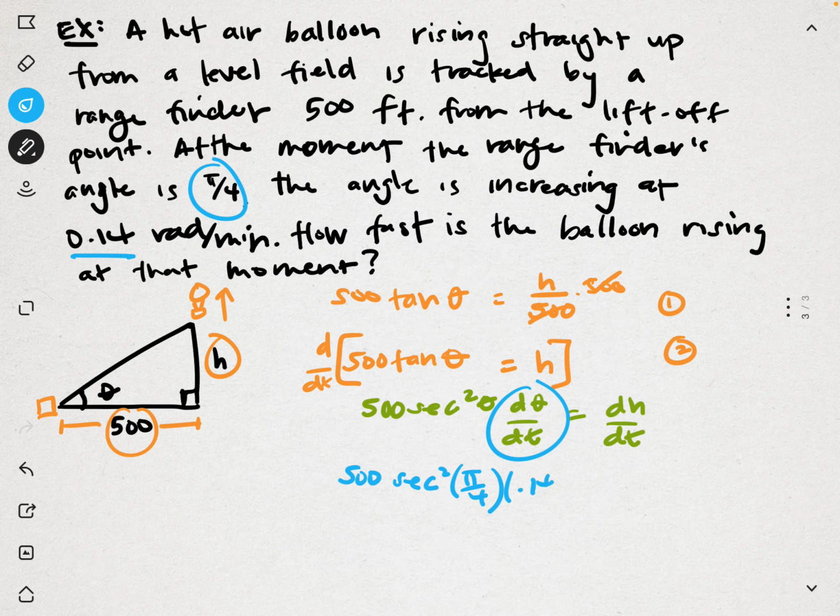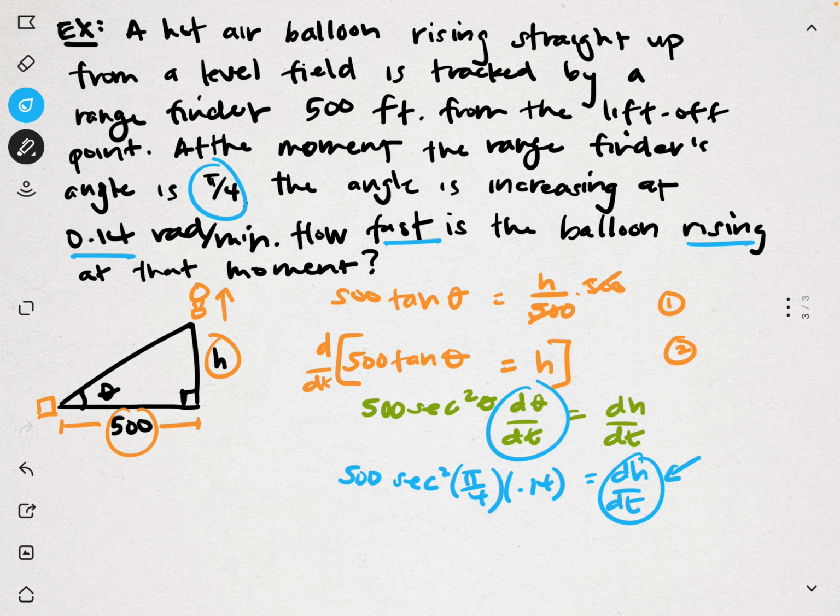So 0.14. And that's going to give us dh dt. And luckily enough, dh dt, well, that's the change in height over time, right? So how fast is it rising? That's exactly what we're looking for. We're looking for the rate of change of the height with respect to time.